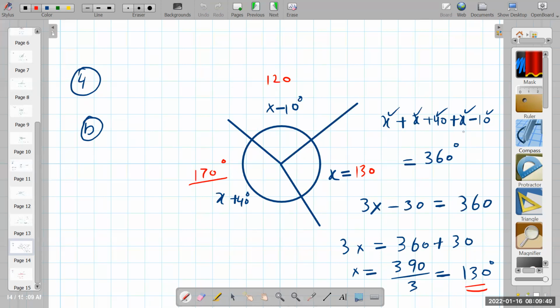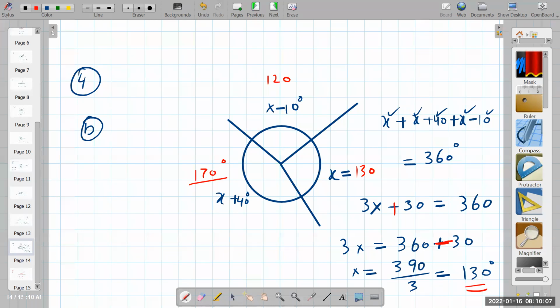Okay, 3X plus 30. Here is the mistake. Here must be plus; we did minus. So if here plus, here should be minus.